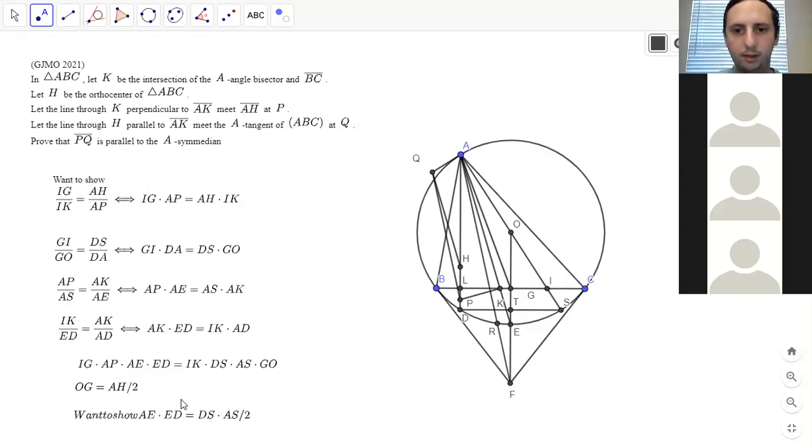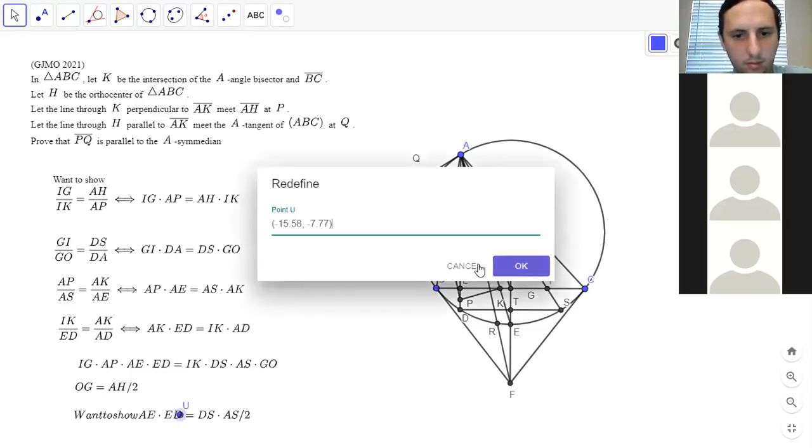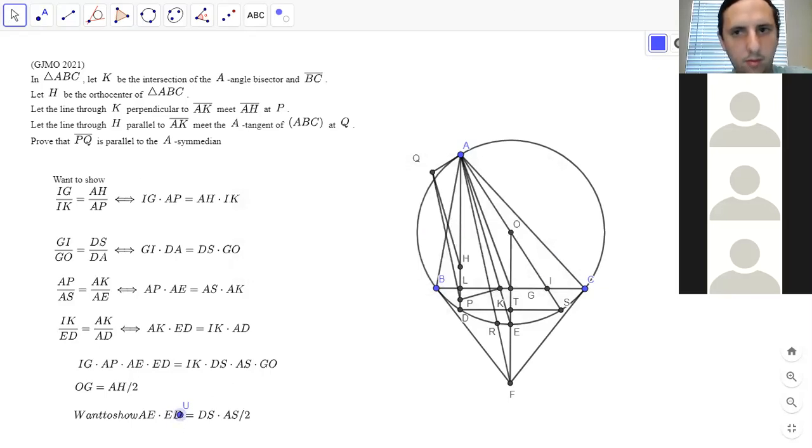So this would be DT times AS. We need AS times DT is equal to DE times AE. That is because triangle AES is similar to DTE.